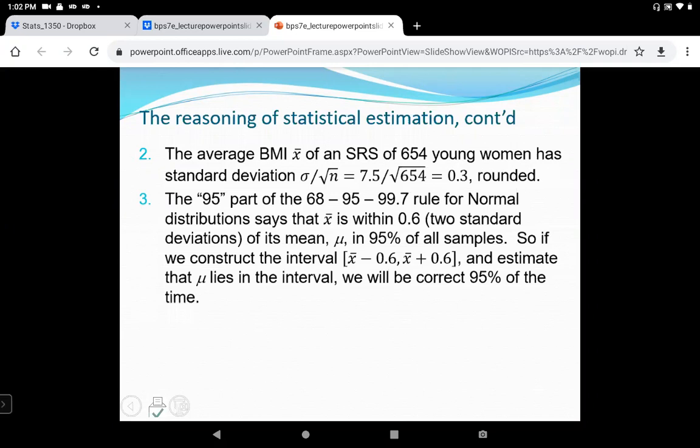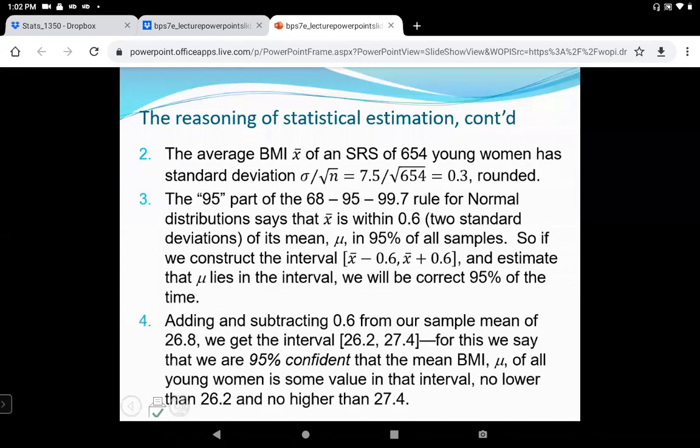So if we construct the interval of x bar minus 0.6 and x bar plus 0.6 and estimate that mu lies in the interval, we will be correct 95% of the time.